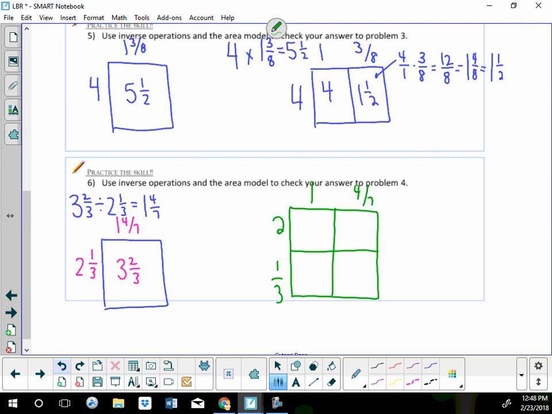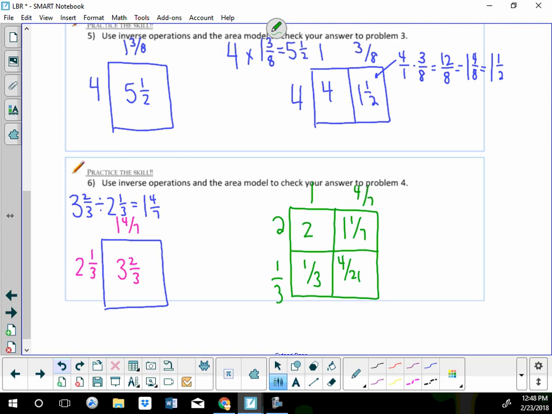So 2 times 1 is what, crew? 2. And 1/3 times 1 is what? 1/3. And 2 times 4/7? 8/7. Can I write that as 1 1/7? Yeah. Okay. And how about 1/3 times 4/7? 4/21. Now I know that for some of you, this is where your multiplication gets tricky, so we can revisit this. But we have all of our areas.